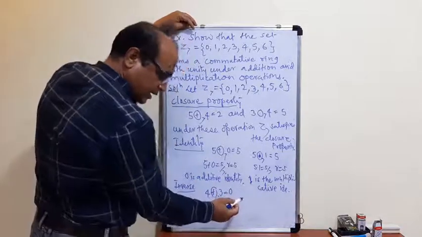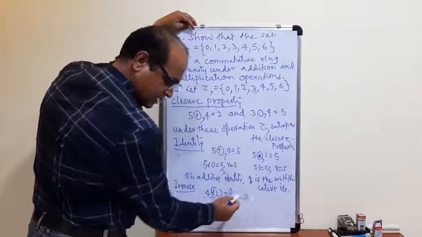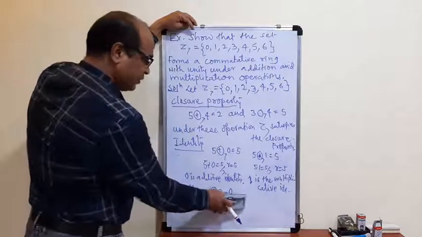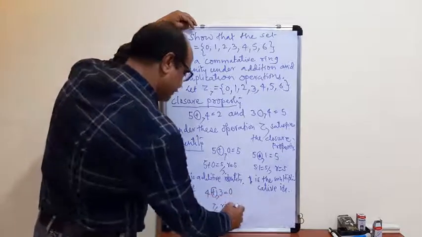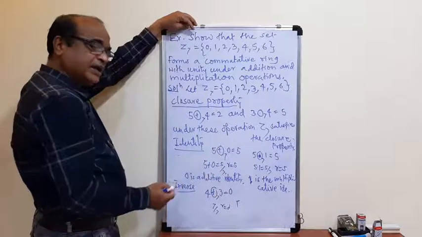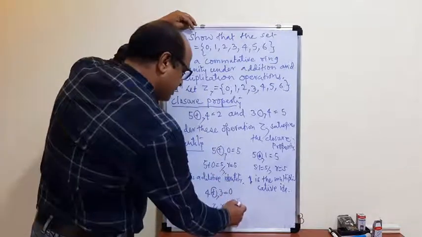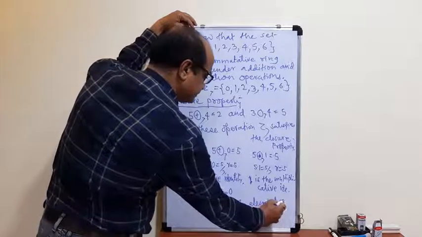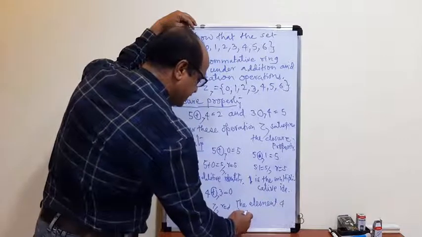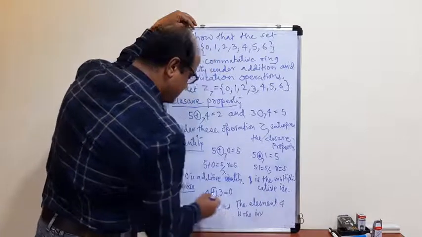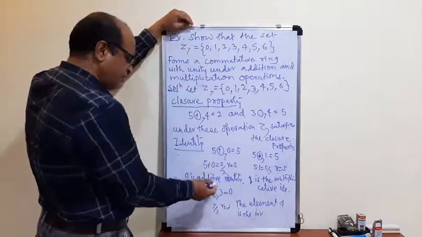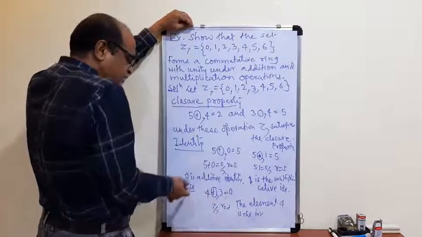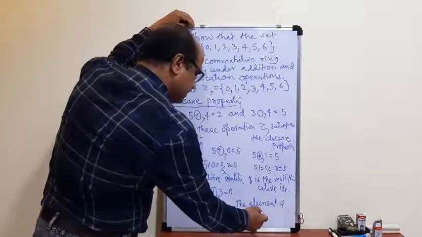Similarly, 3 plus 4 is also 0. Because 0 is the additive identity here, the element 4 is the inverse of 3, because 4 addition modulo 7 with 3 is 0, and 0 is the identity element.